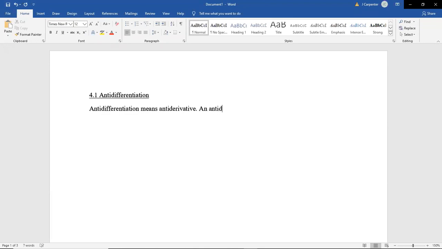So an antiderivative is the opposite process of finding a derivative. I've alluded to this before. I've said there are three main topics in this course: limits, derivatives, and antiderivatives.